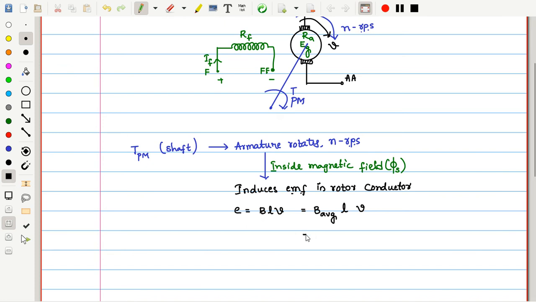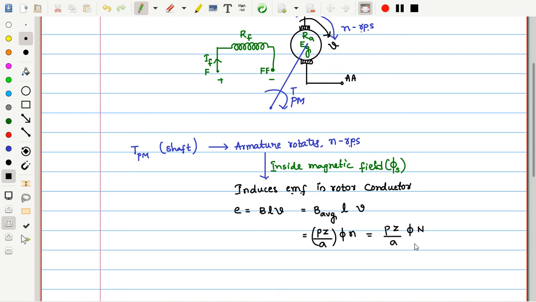So we derived a new formula by taking the average flux density B, where L is the length of the conductor and V is the velocity of the conductor. When we simplified this, we observe that this is equal to Pz by A into flux into the speed. This expression can also be written further as Pz by A into flux into capital N, where N is in RPM.